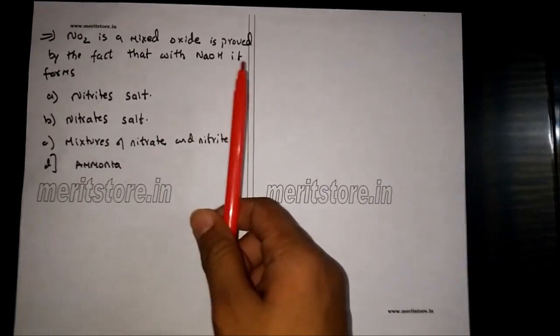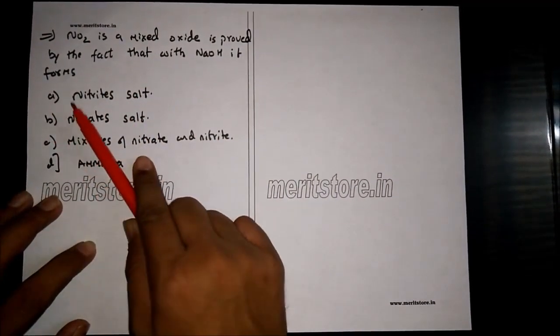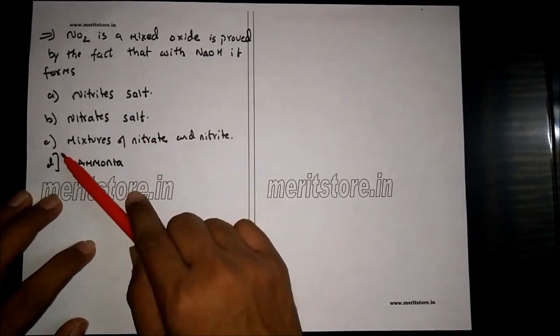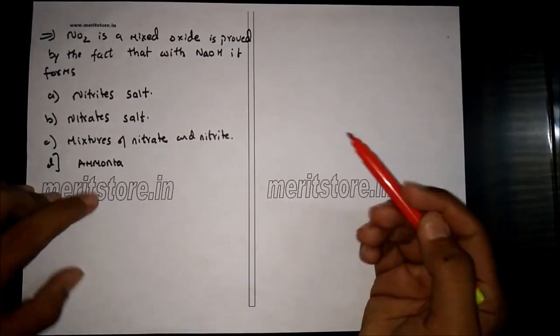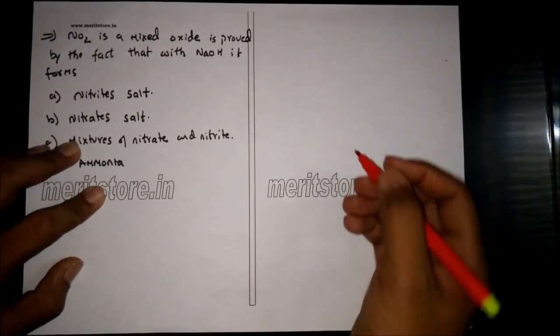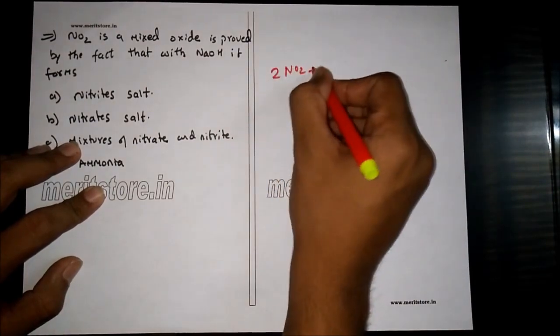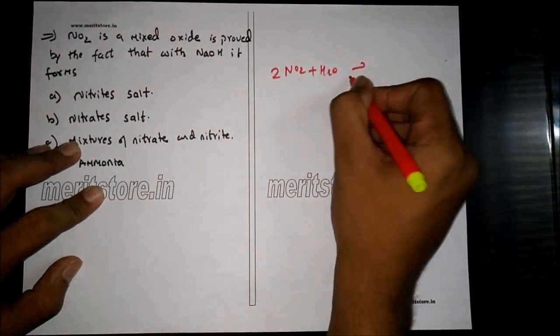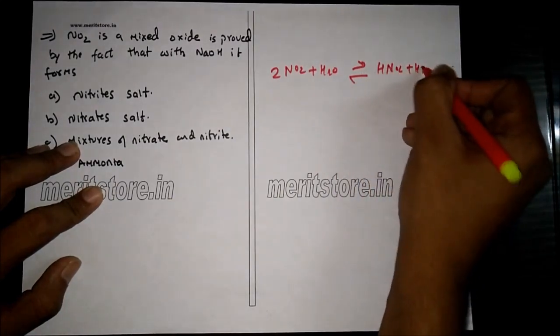NO2 is a mixed oxide is proved by the fact that with NaOH it forms A. Nitrite salt, B. Nitrate salt, C. Mixtures of nitrate and nitrite, or D. Ammonia. Now, NO2 when dissolved in water gives a mixture of nitrous acid and nitric acid, which is 2NO2 plus H2O gives HNO2 plus HNO3.